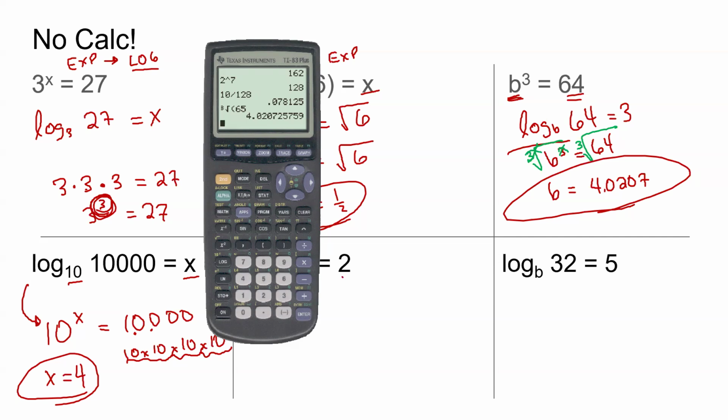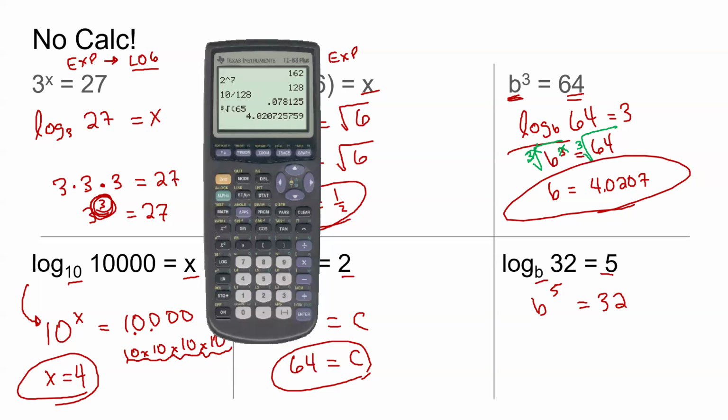The base is 8, the power is 2, so 8 squared equals some number c. 8 squared is 64. Okay. So sometimes you want to go one way, sometimes the other. It just depends on what you've got. Here on this one, I would have b to the 5th power, base to the power, equals 32.